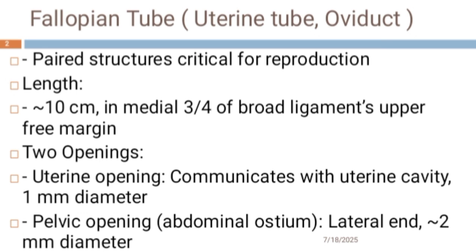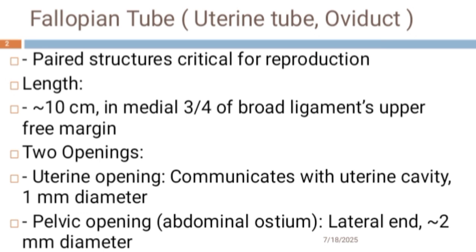The fallopian tubes are paired structures, each about 10 centimeters long, positioned in the medial 3/4 of the upper free margin of the broad ligament. Each tube has two critical openings. The first is the uterine opening, communicating with the lateral angle of the uterine cavity measuring just 1 millimeter in diameter.